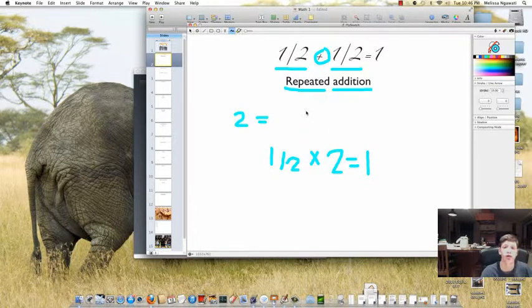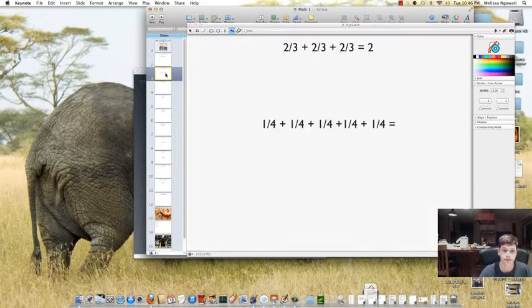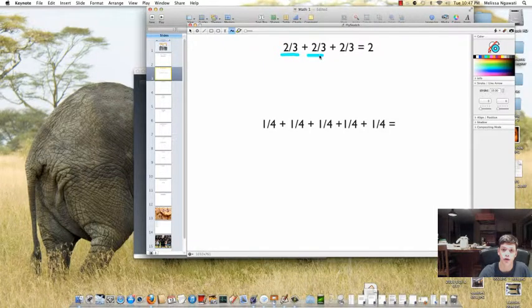You will need to know repeated addition, as it will come up many times in this course. 2/3 plus 2/3 plus 2/3. Again, repeated addition. We identify that there are 1, 2, 3 fractions.